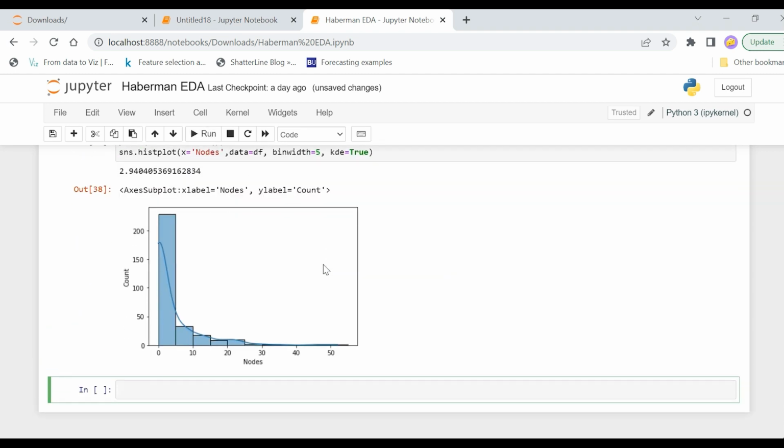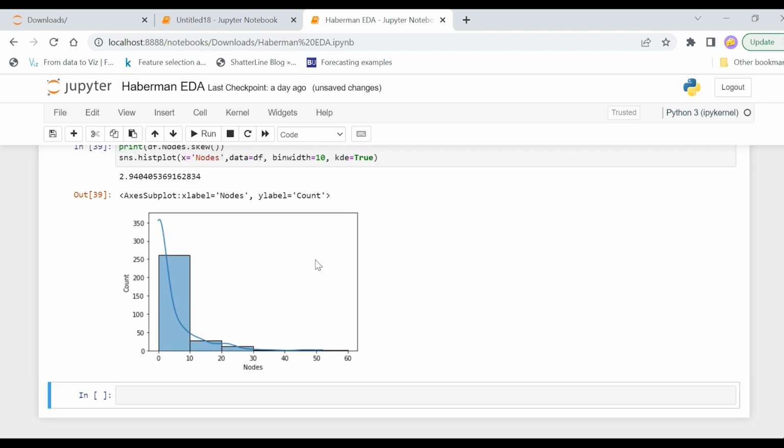You can see here the distribution is very much right skewed. The skewness is at least 3. This is not a good sign. This is very much right skewed.